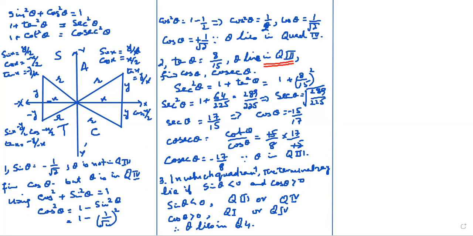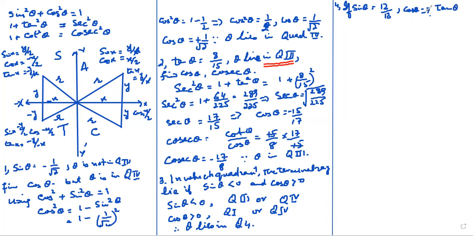Okay, number 4. If sine theta equals 12 over 13, find cosine theta and tangent theta.